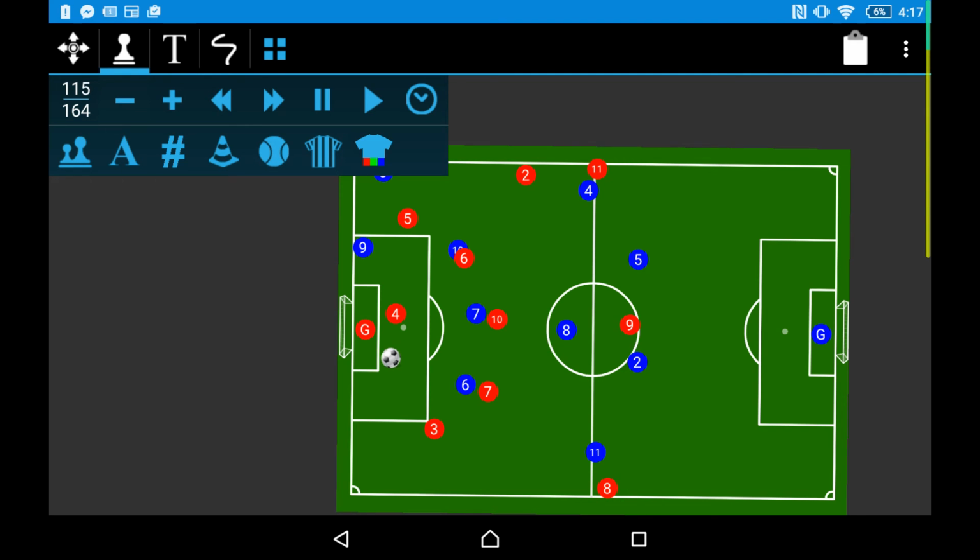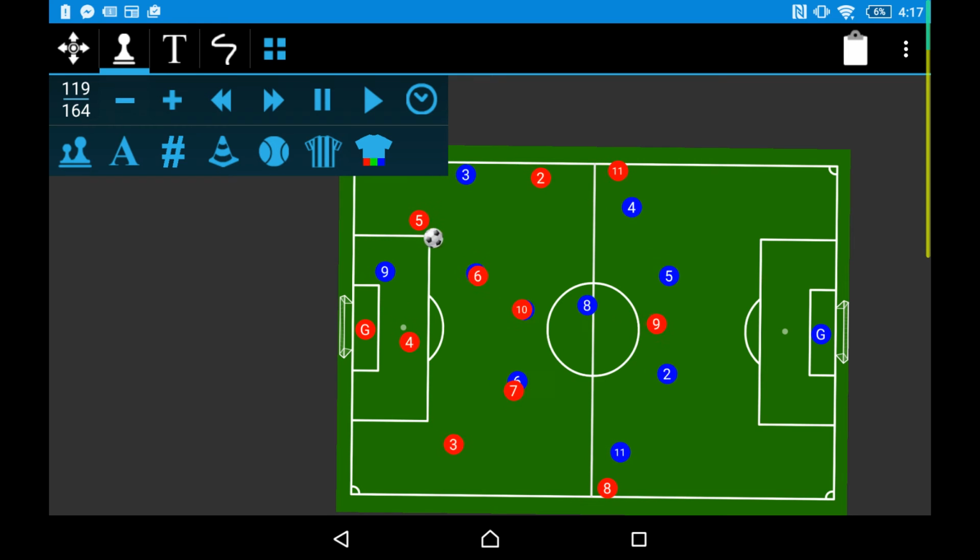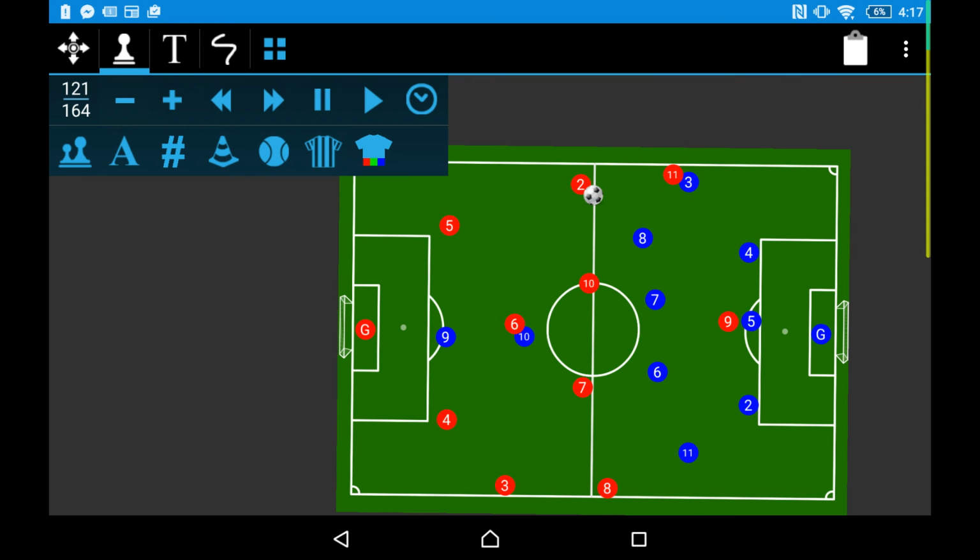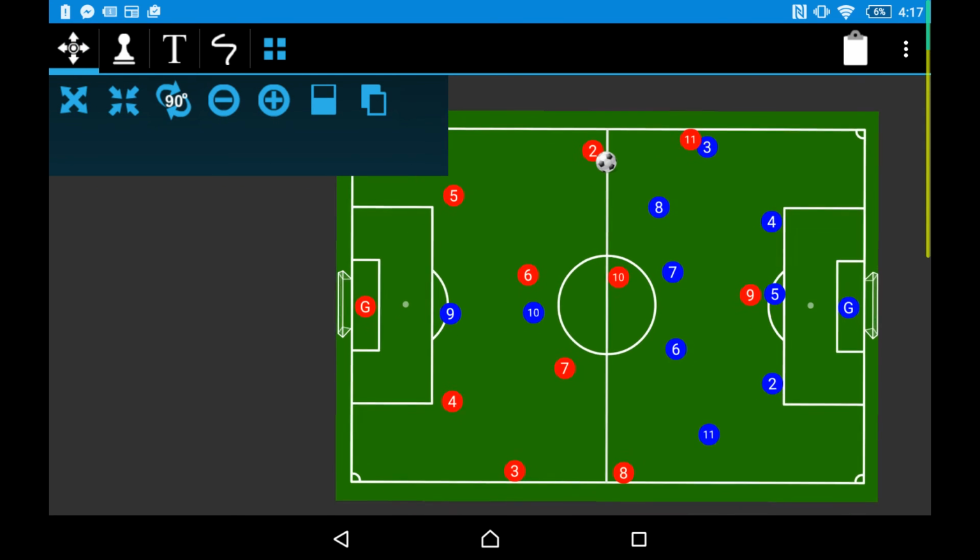It could even go back out again for a cross into the box. So a nice example, I think.